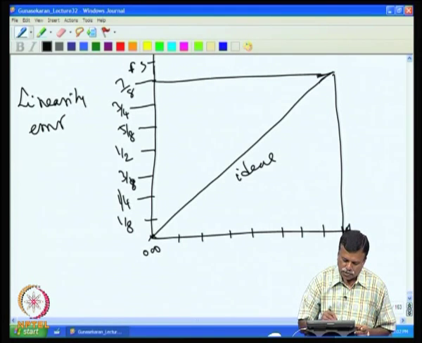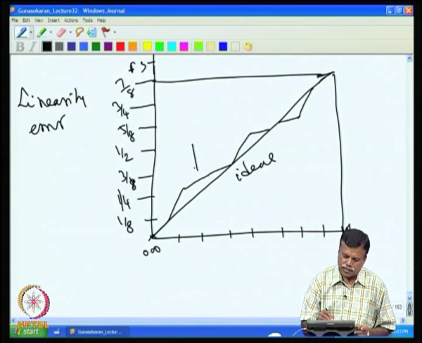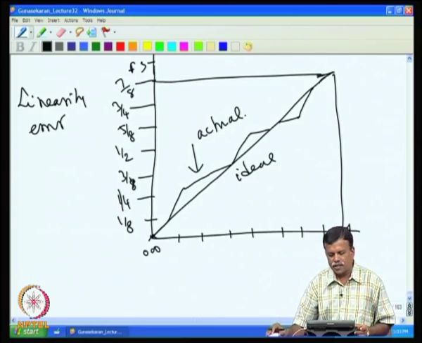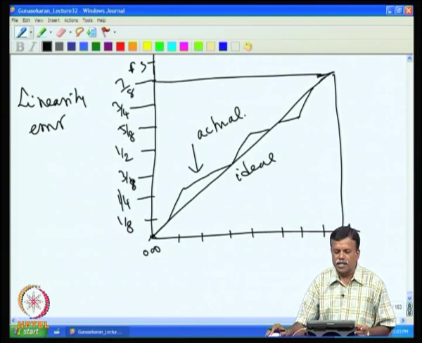In the actual case, you may have it like this, coming back, then going, coming back, it can even go negative and come back. This is actual. This is the linearity error.